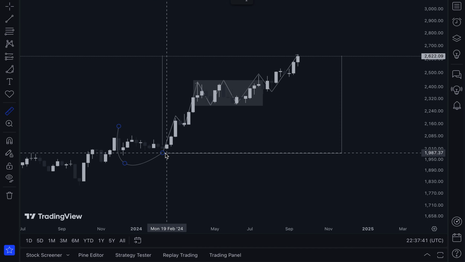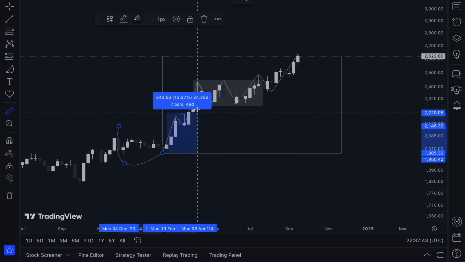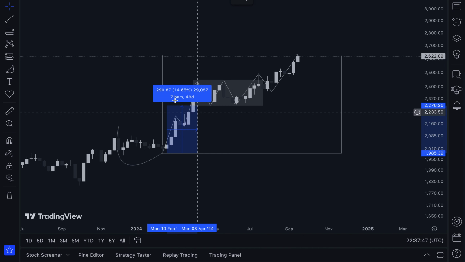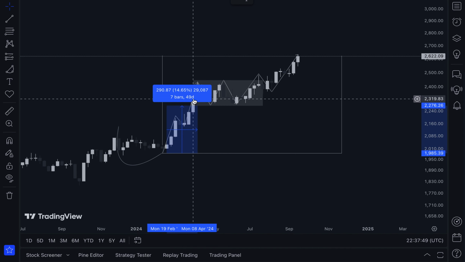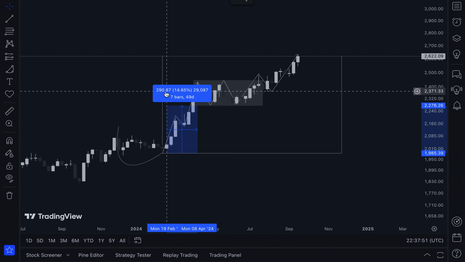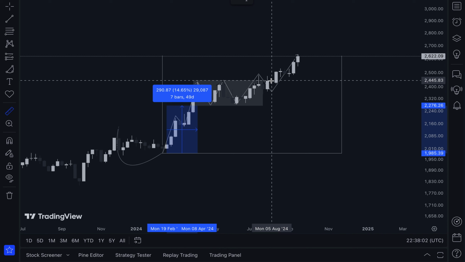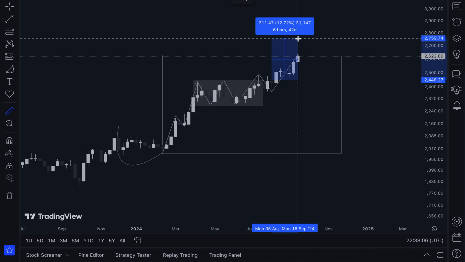From here to here, we have about 7 bars, 49 days, 290 pips. Now let's try and do the same here. Let's look for 290.